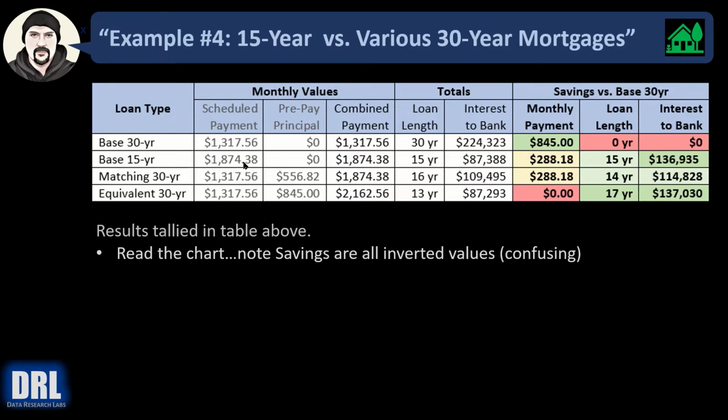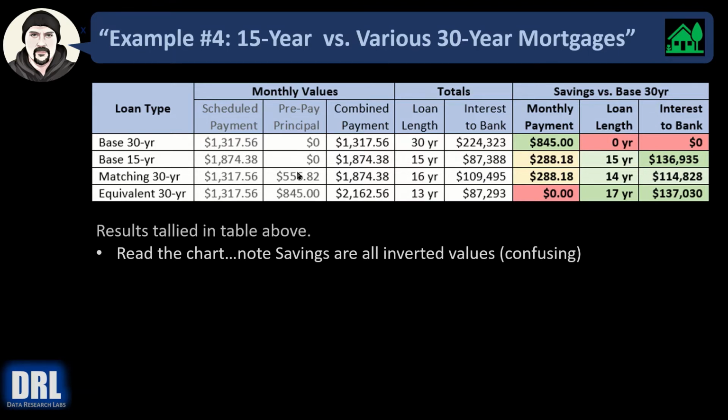and we want to see how close overall this approach of matching monthly payments but taking a 30-year mortgage is, or we want to see how much we actually have to prepay on the 30-year to match the 15-year as far as total interest out. So scheduled payment is going to be $1,300 for all of the 30-year flavors and $1,800 for the 15-year.